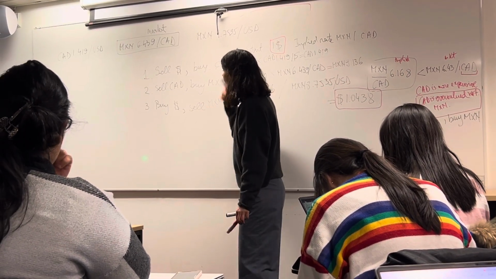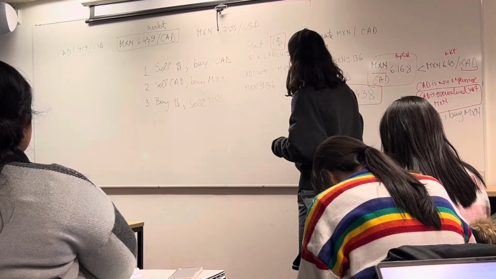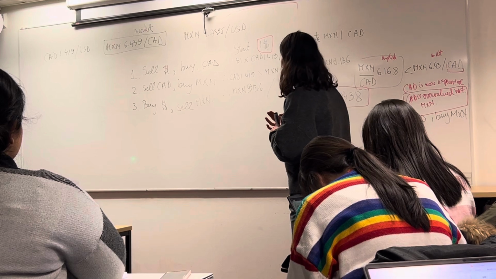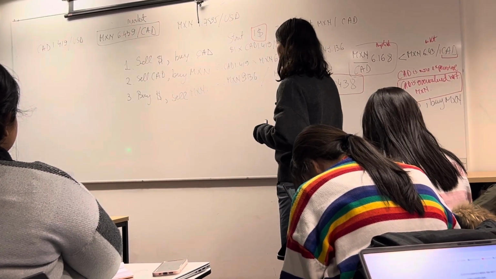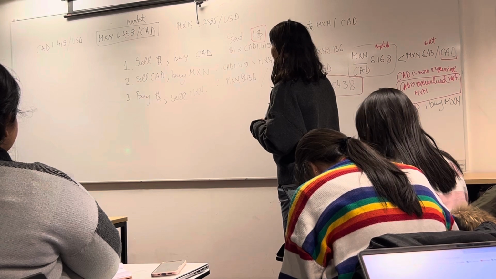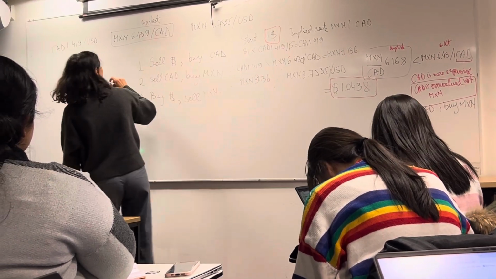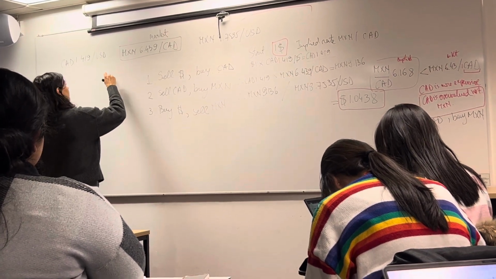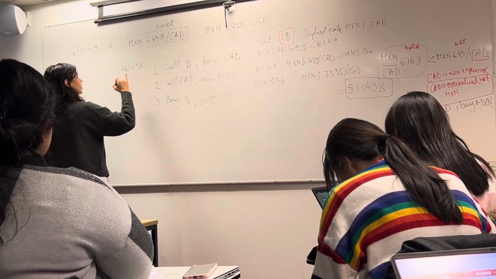Now, if this happens more and more, that is the last part. If this happens more and more, what will happen to the currency pairs? From step 1, what will happen to this currency pair?